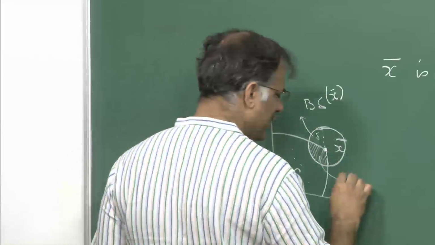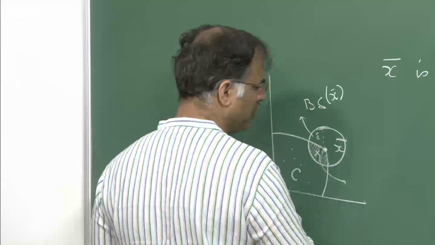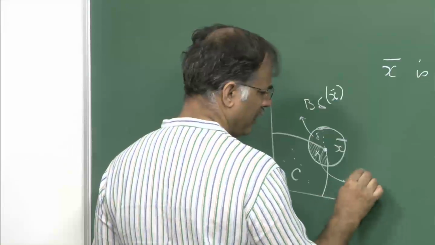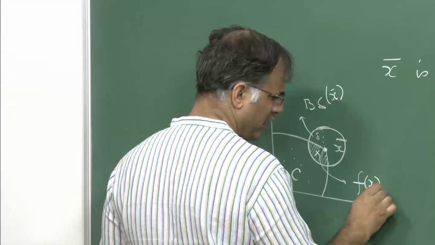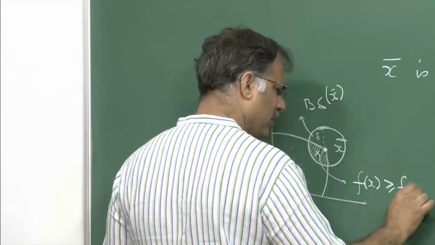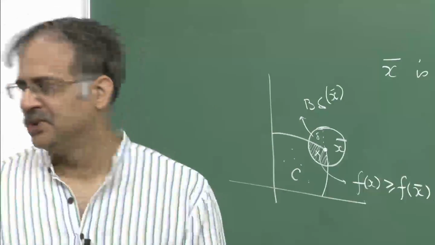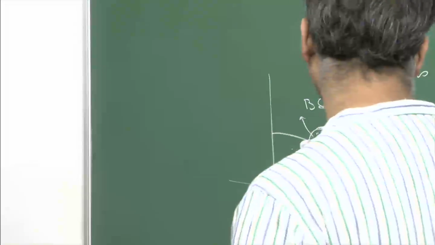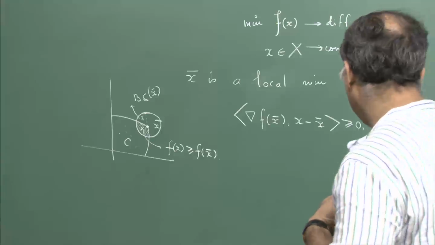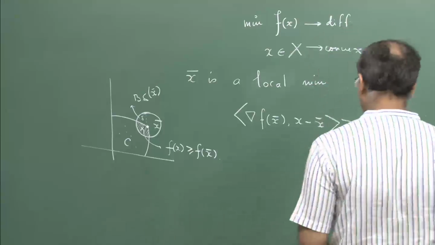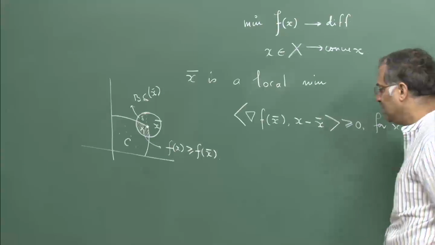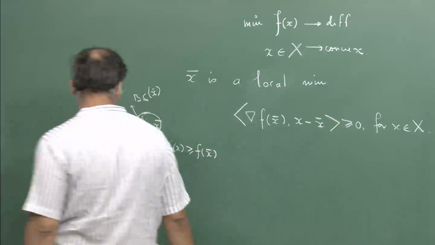So, for any x coming from this region, f of x must be bigger than f of x bar. That is exactly the idea of a local minimum. Now, here I have said this is true for every x you take in C. So, how can I show that?